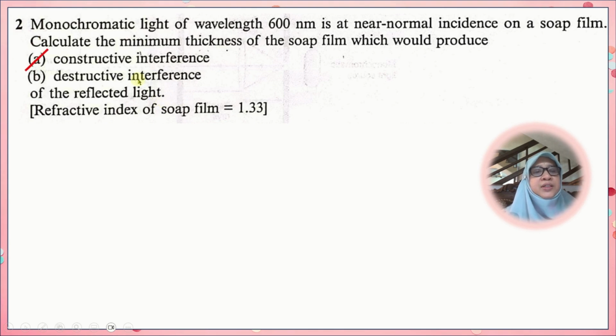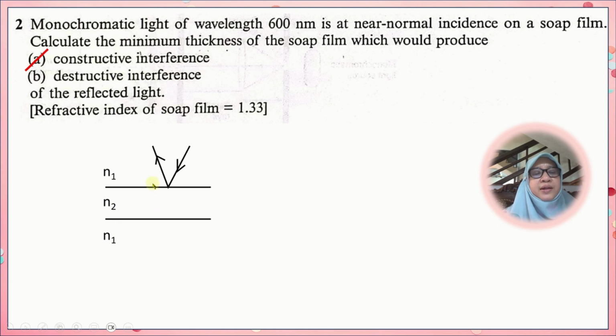The first question. The soap film has refractive index n2, and the ray is coming from the air, which is n1 = 1, and n2 is 1.33, and then the ray comes out to the air, so n1, n2, then followed by n1.